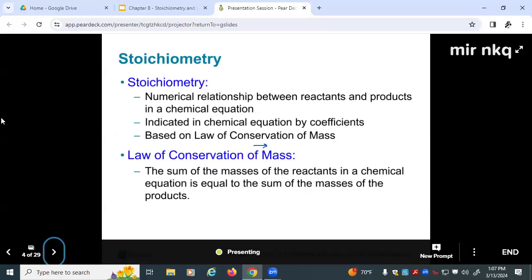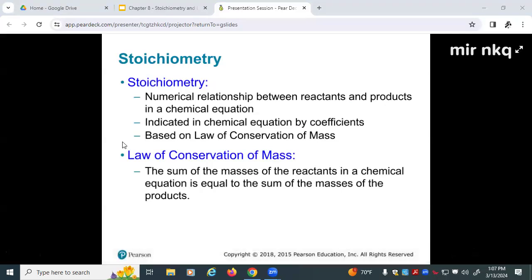So this brings us into our topic for this entire chapter, stoichiometry. Stoichiometry is a really fancy way of saying calculations in chemical reactions. When we do stoichiometry, we are doing calculations to describe how one reactant or one product is related to another numerically.